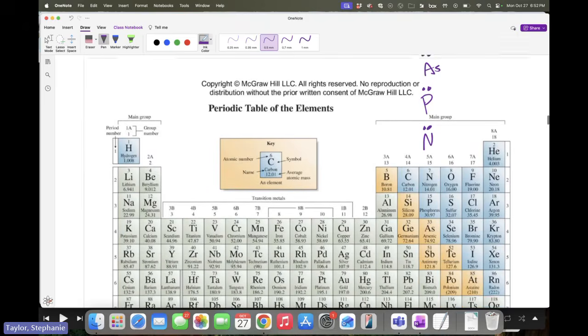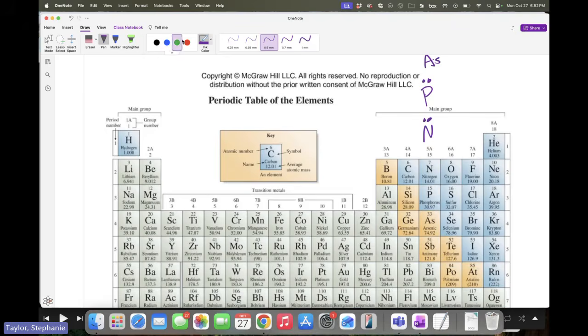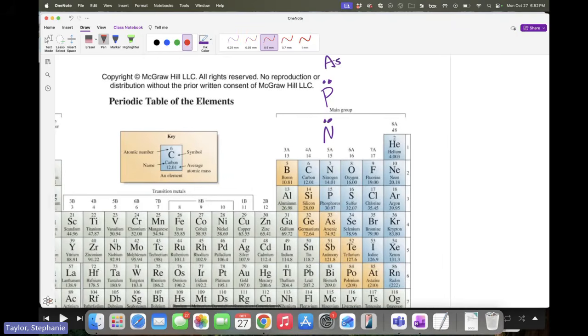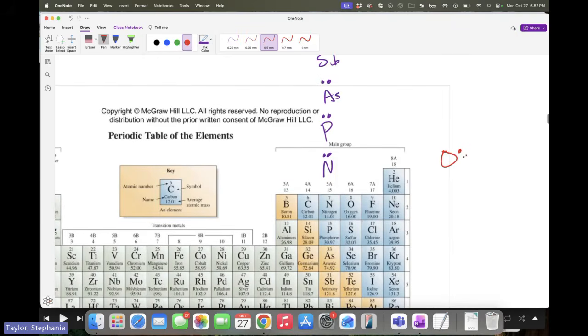When we start to get farther down the periodic table, it can get a little bit weirder, but we would assume that oxygen gets two lone pairs in a line skeletal diagram, that sulfur gets two lone pairs, that selenium gets two lone pairs. We'd go ahead and assume that for tellurium.